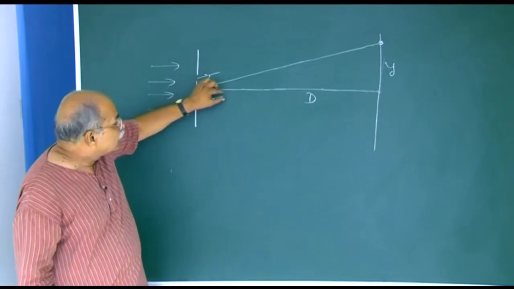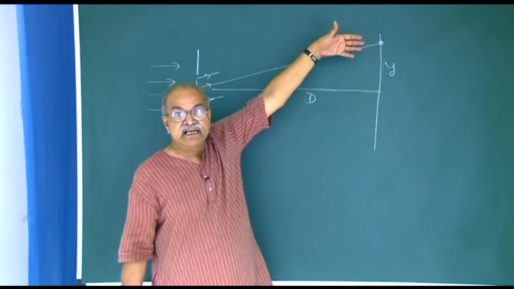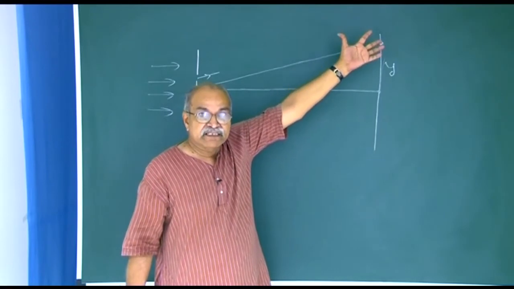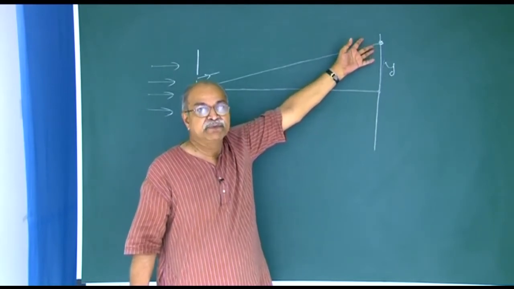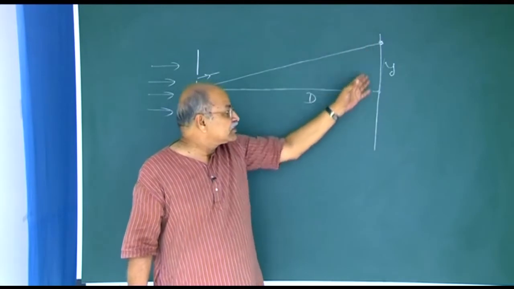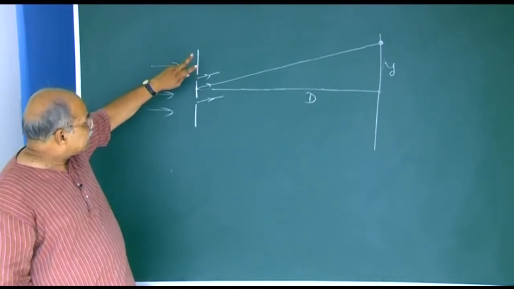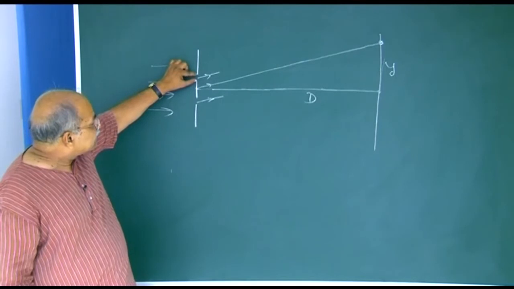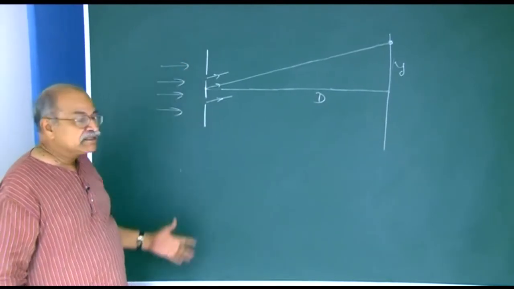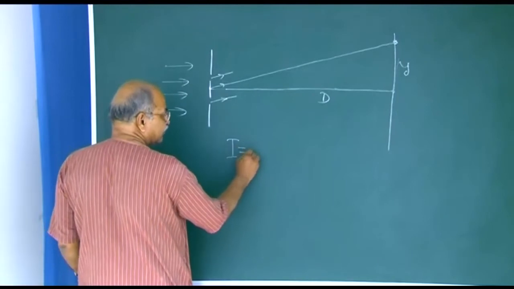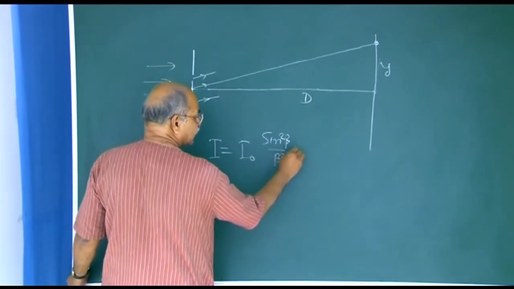But these two wave components which reach there, they also have some phase difference, and they themselves interfere constructively or destructively or some kind of superposition depending on what is the phase difference between the two, and hence the intensity varies on this screen, and that variation is now governed by two parameters or two components. One is the width of the slit, this one, and then the separation of the slits, and it is given by I = I₀ (sin²β/β²) cos²γ.